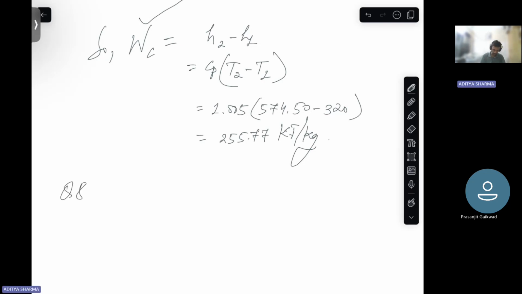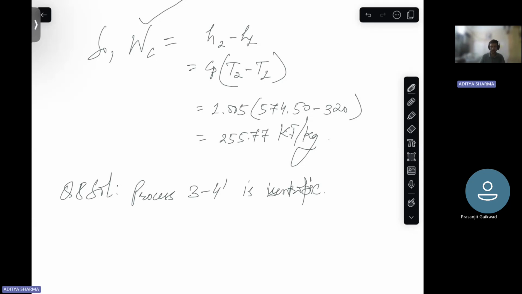So question number 8 solution. Now from 3 to 4, if you see process 3 to 4 dash, this is isentropic.